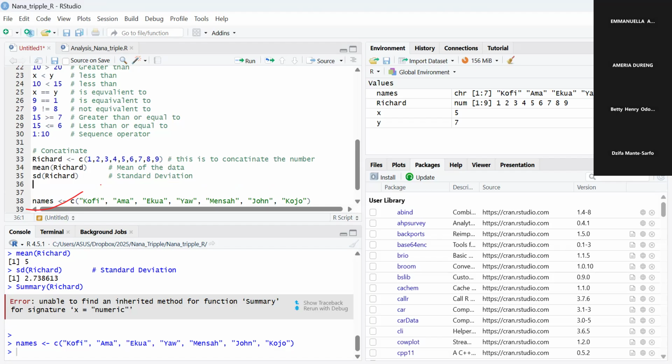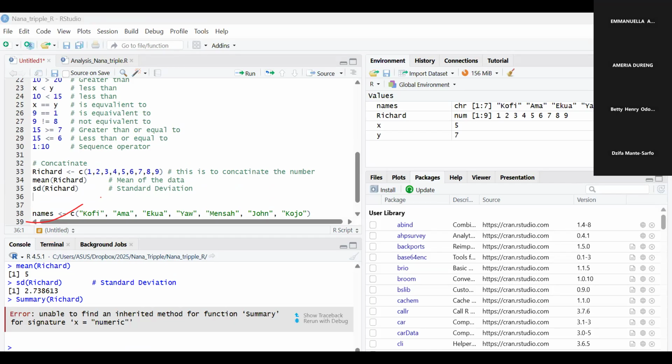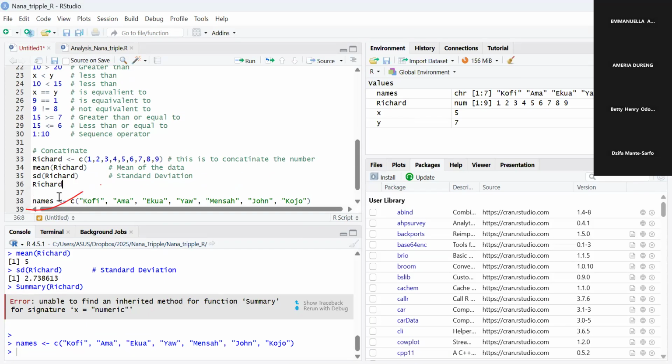If I want to find the fifth number in the Richard data, what do I do? I just simply type it. Once you begin typing, I will even give you the option. Then you use a square bracket, which is subsetting.